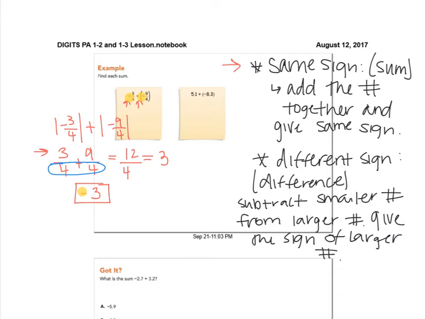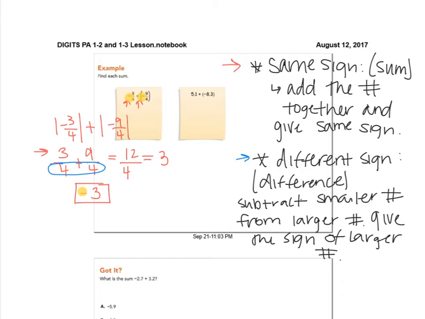Alright, so in the second example, you can see that our 5.1 is positive because it does not have a symbol in front of it. And then our 8.3 is negative. So since one is positive and one is negative, we are going to use our different signs. So that means the difference, we're going to have to subtract.